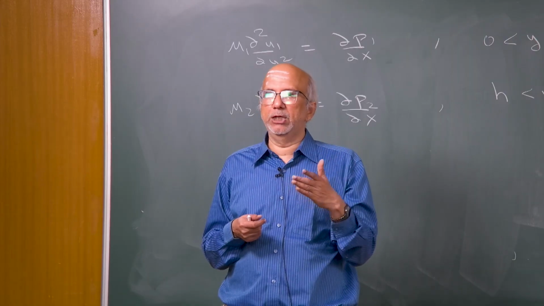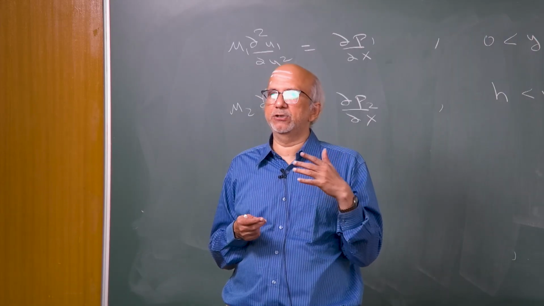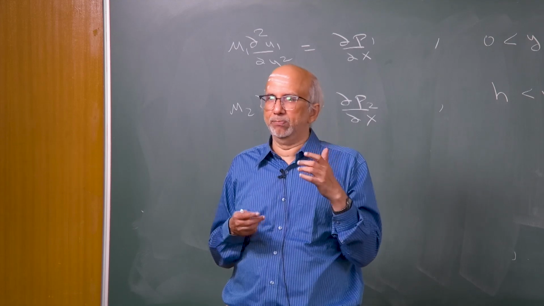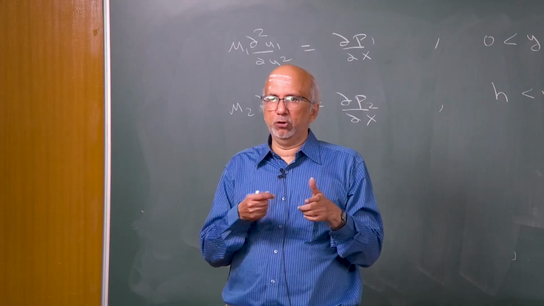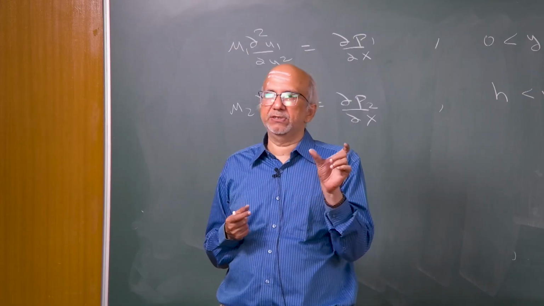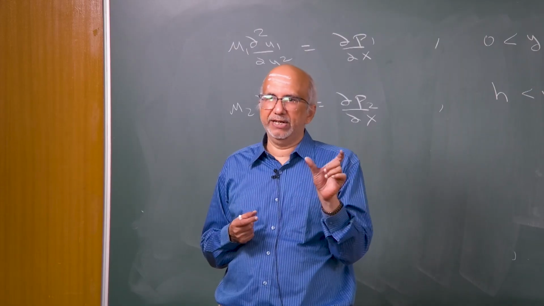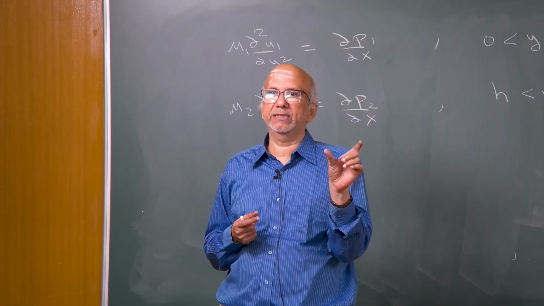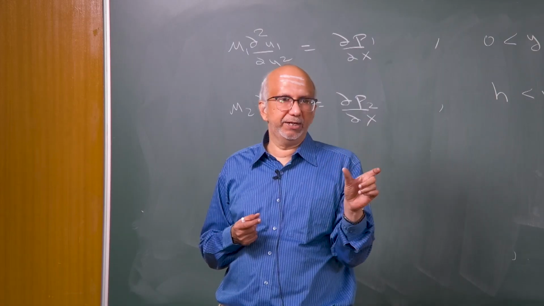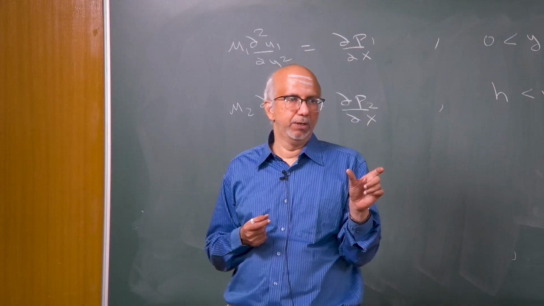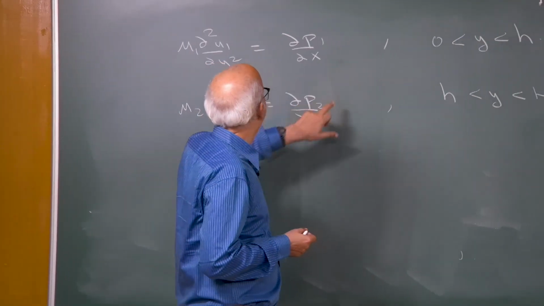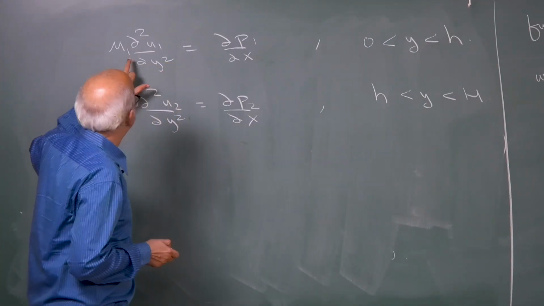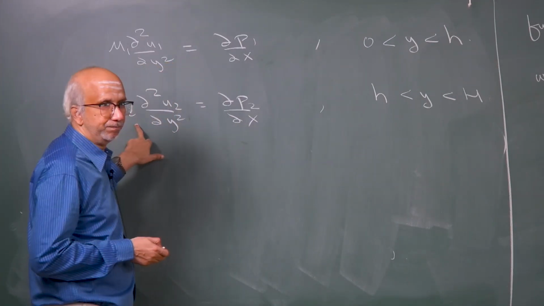The pressure gradient is normally known to you, because you know what the pump is, so dp1 by dx on the right hand side is a known quantity. It is like a non-homogeneity that you have. So, dp1 by dx is known, and this is basically a second order equation.